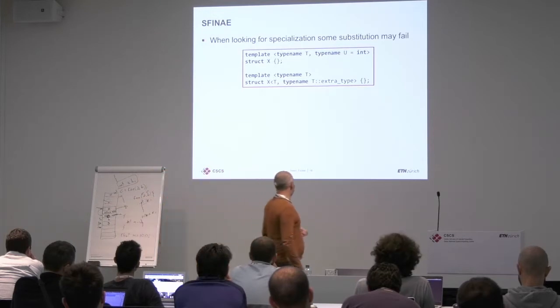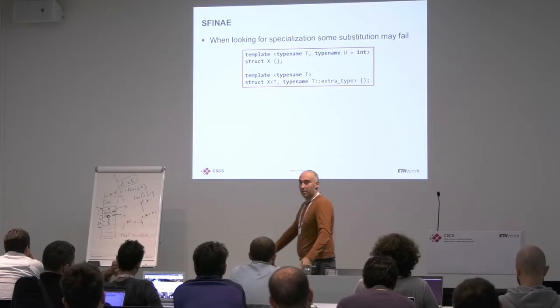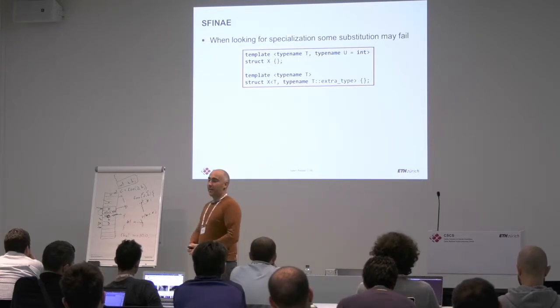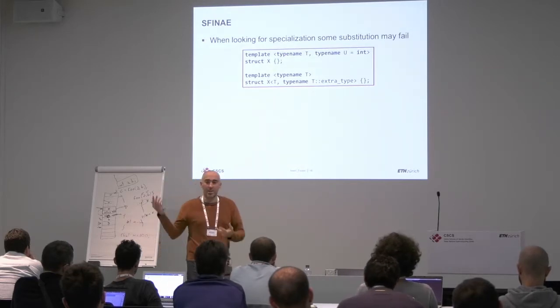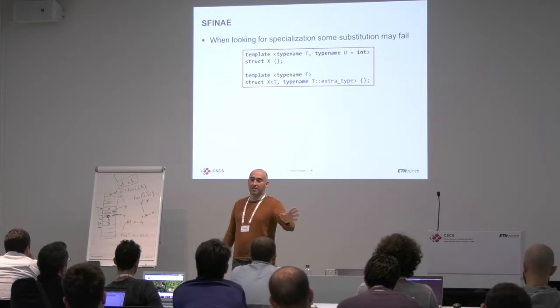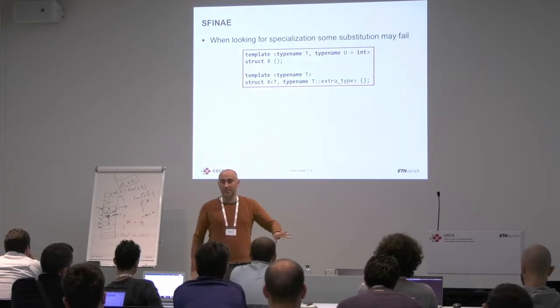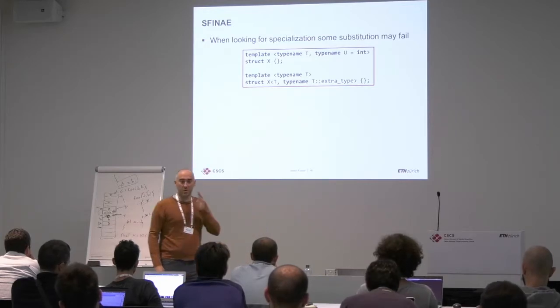What does that mean? It means that when the compiler tries to instantiate a template or a specialization and finds out that it cannot do it because some type traits are missing, because the type does not exist, it silently ignores that thing. It will not tell you there's something wrong here. No, it just goes by.